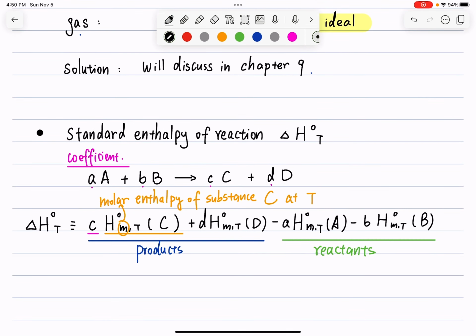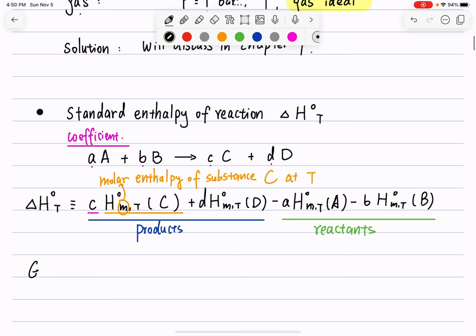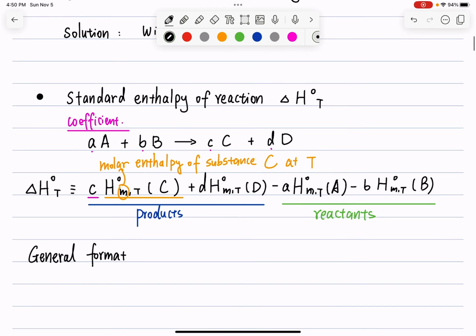Or if we use the general format we defined in our last lecture, what it means is that for any reaction, we can write 0 goes to the sum of the stoichiometric coefficient times that specific substance i.